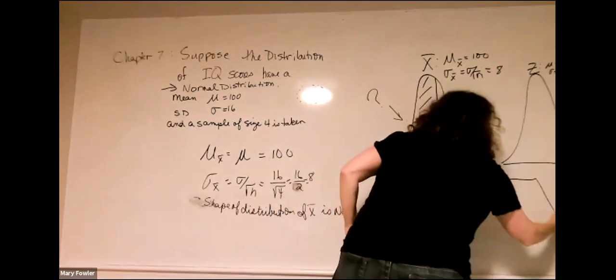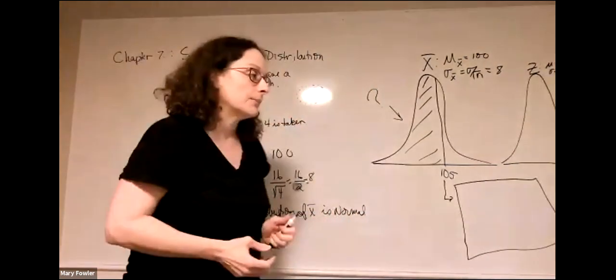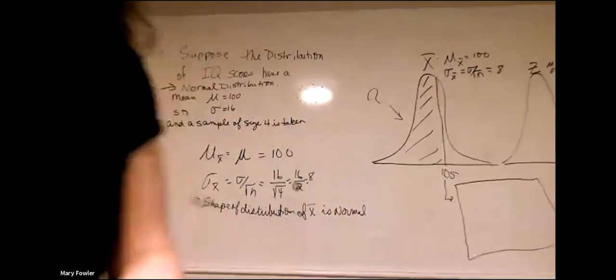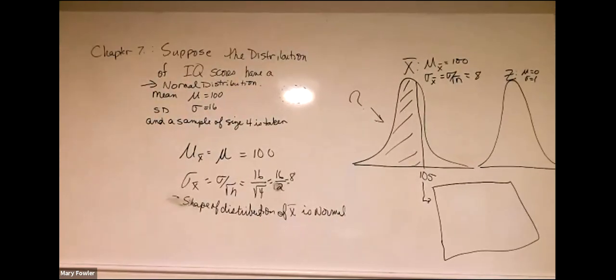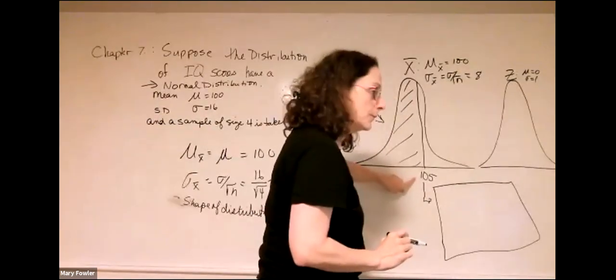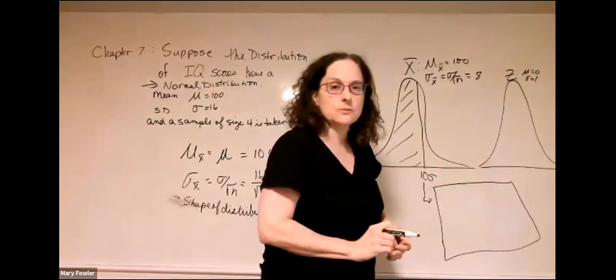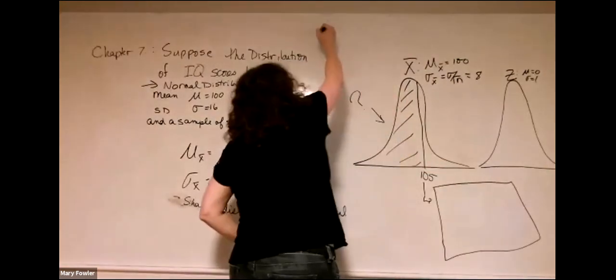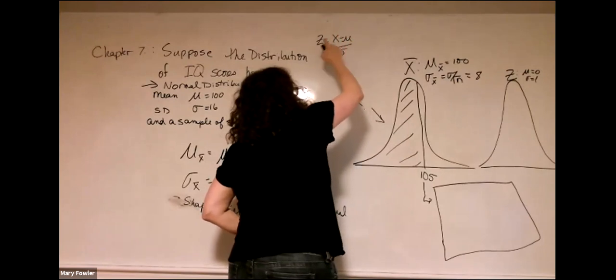Now, it's true, we have a nice formula from chapter 6 about how to put a normal variable on a bus and get a standard normal out: Z equals X minus mu over sigma.